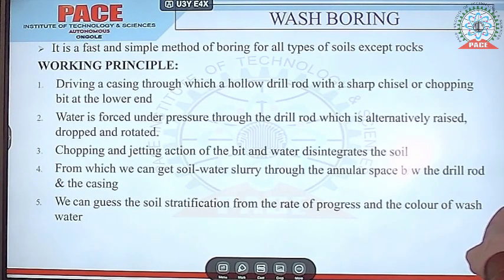The chopping and jetting action of the bit and water disintegrates the soil, from which we get a soil-water slurry through the annular space between the drill rod and the casing. We can guess the soil stratification from the rate of progress and the color of the wash water.